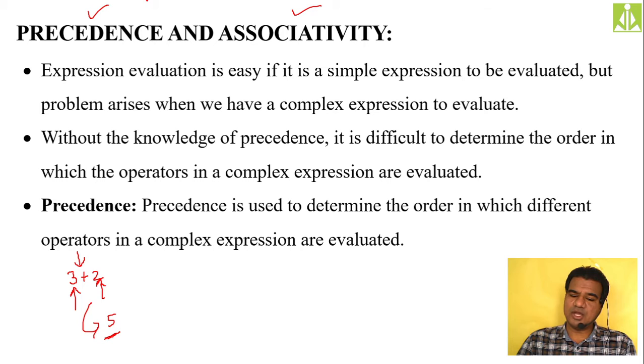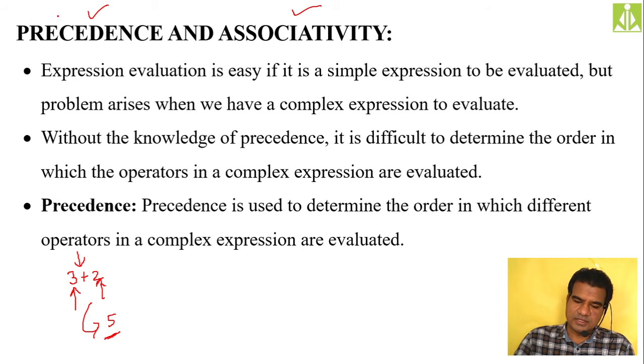So what do we mean by a complex expression? If your expression has more than one operator in it, then we call such an expression a complex expression. I will give you one simple example of a complex expression.